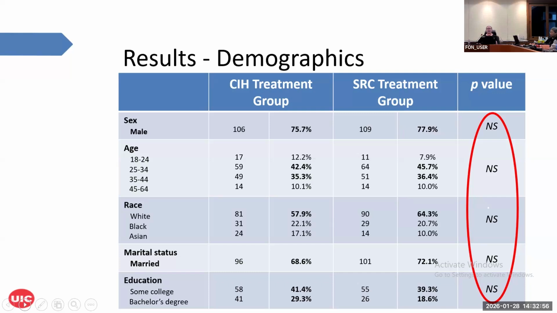Also, if you look here, this is a relatively young population in general. We're looking at about 40 to 45% being 25 to 34 years old. And then another 35% of the population being 35 to 44. And the reason I'm pointing this out is that this is prime key working age. So we're looking at males of working age.